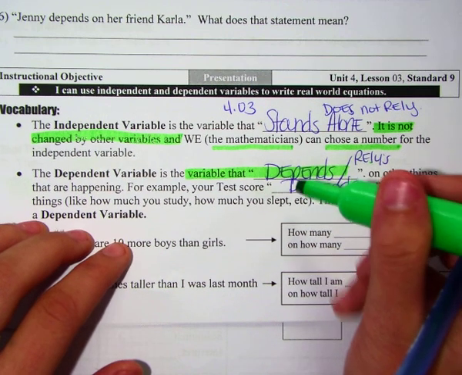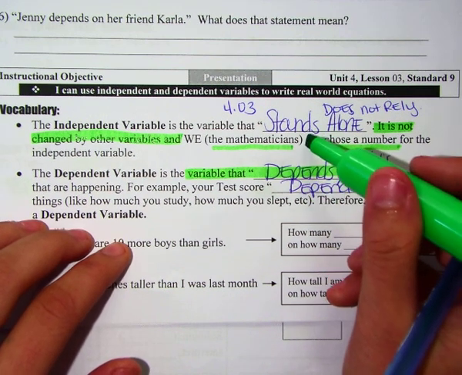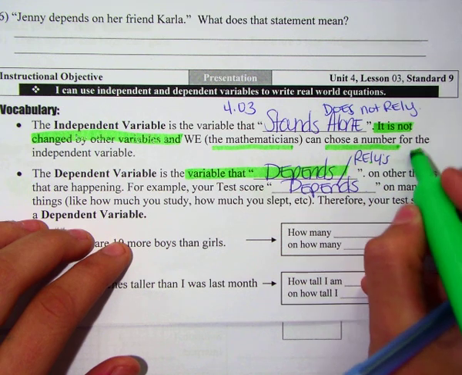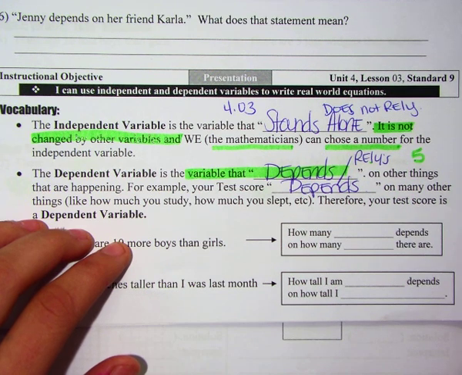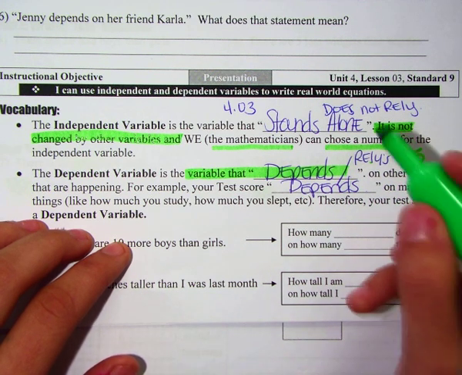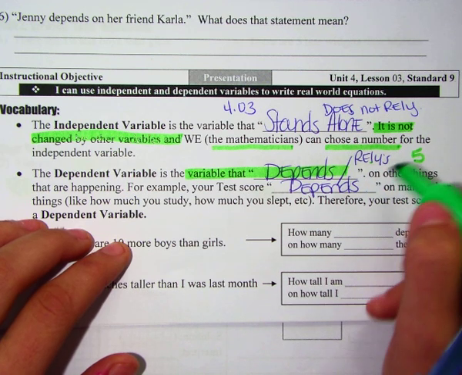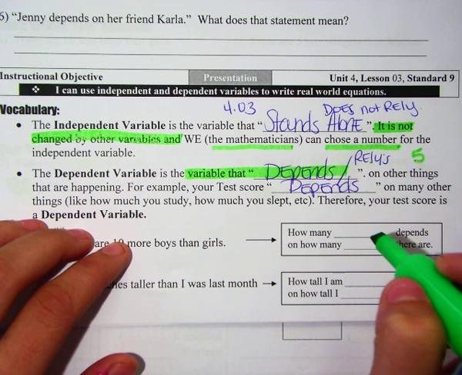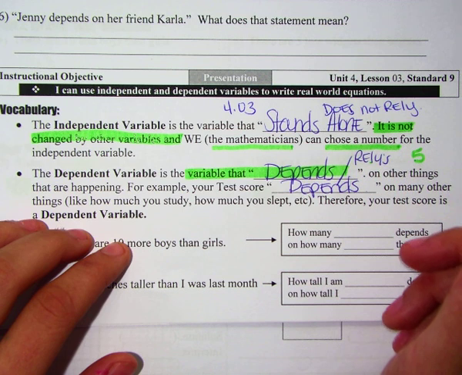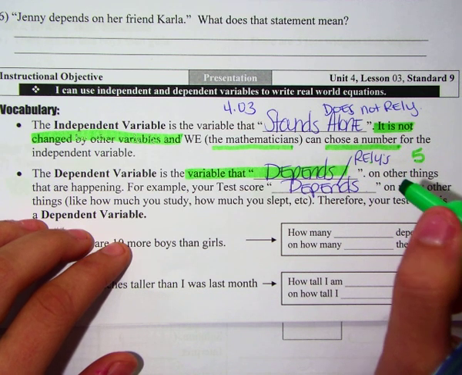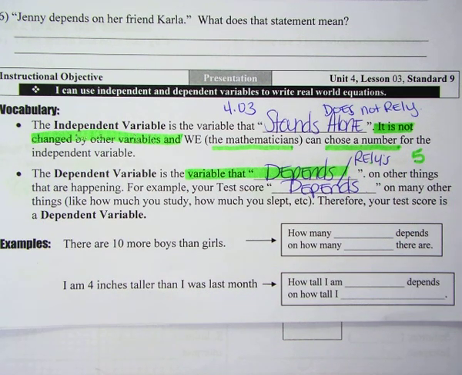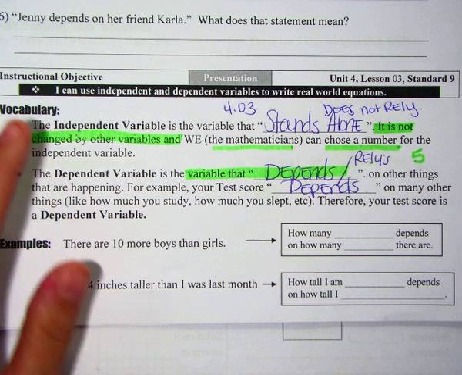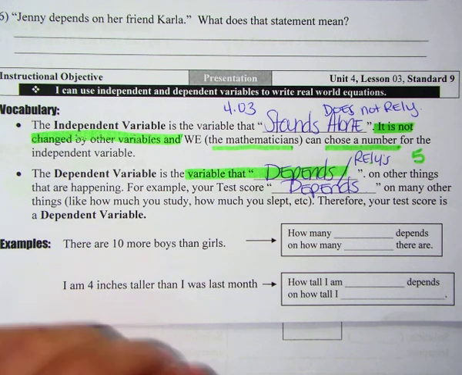So if we think back to the example I said before, I can choose to eat 5 meals a day. However, my weight depends on how many meals I eat, or how much I exercise, or how my metabolism is. So my weight would be a dependent variable, whereas how many meals I eat is an independent variable.